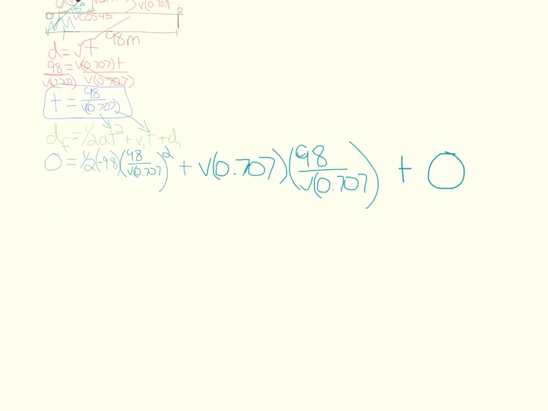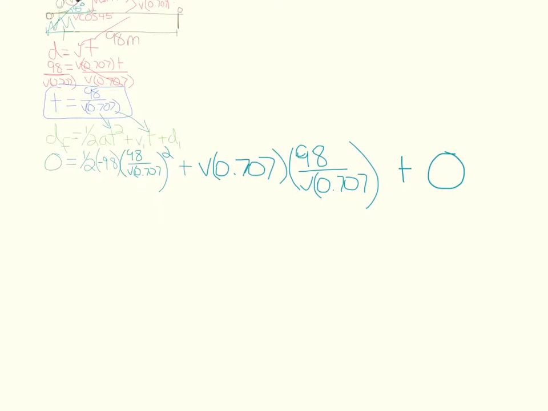Now, first of all, let's start by seeing what we can simplify, since this looks really intimidating, but it's really not. So first, we'll go with a different color. Let's go with red.